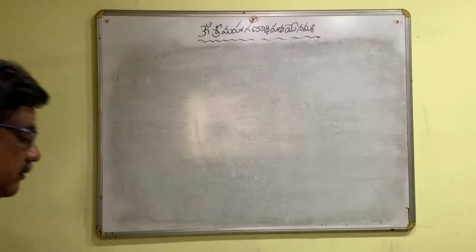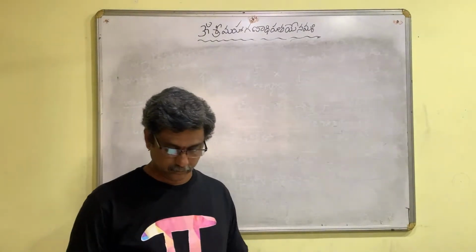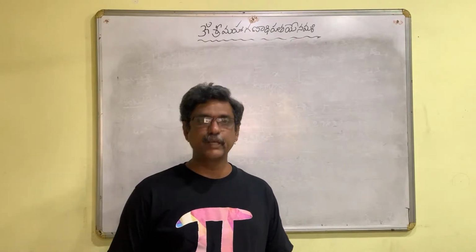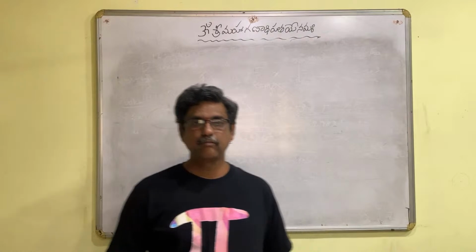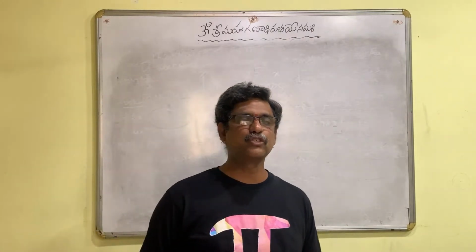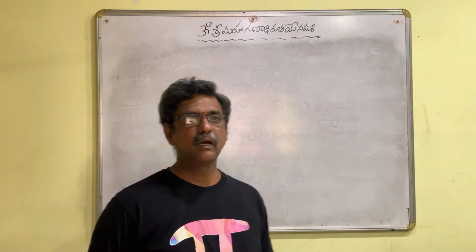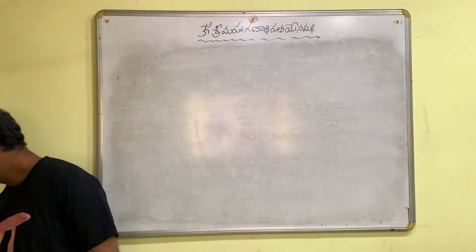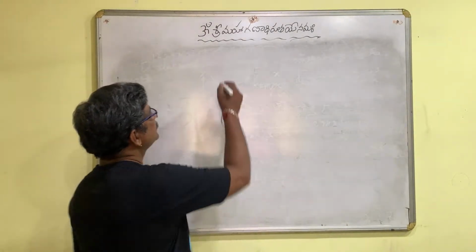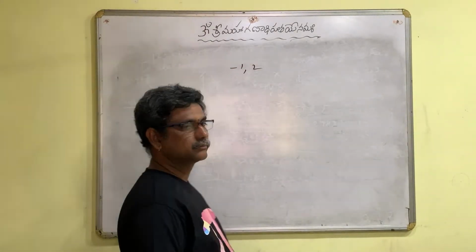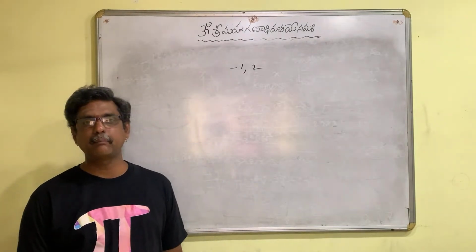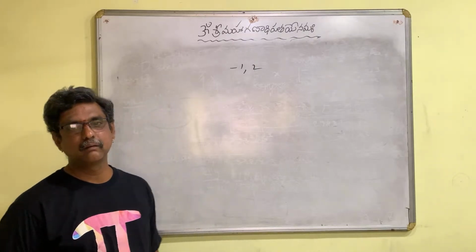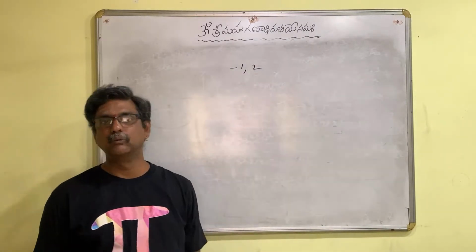Read the first question. Find the quadratic polynomial whose zeros are -1 and 2.